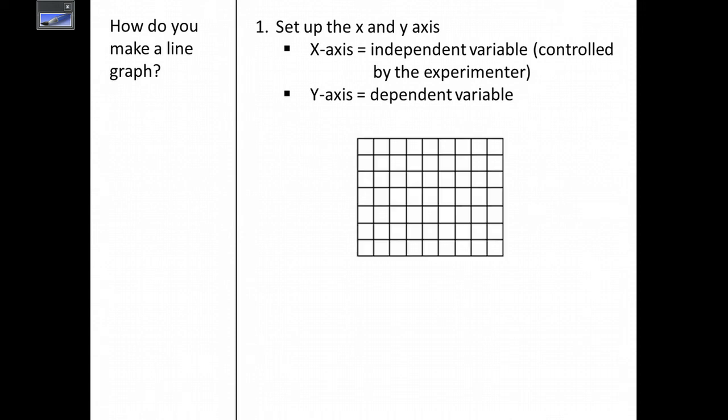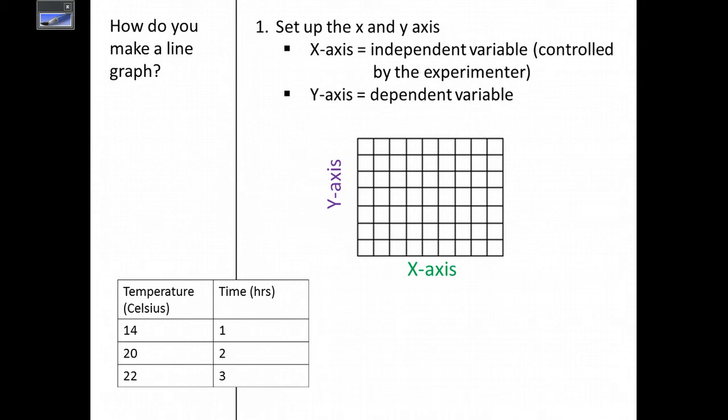So here's a very simple graph. X is here, Y is here. And then, once again, if we are talking temperature and time, time should be down here. Temperature should be over there. So set up your x and y axes, and label them.